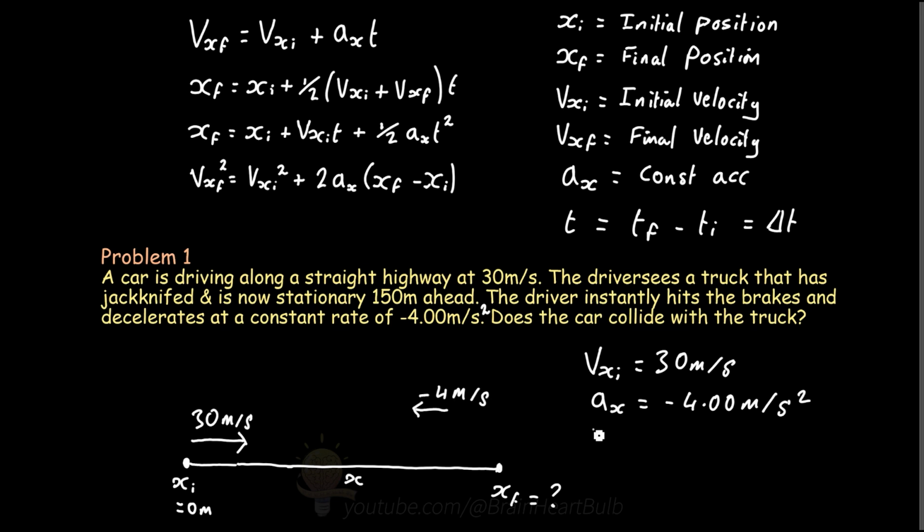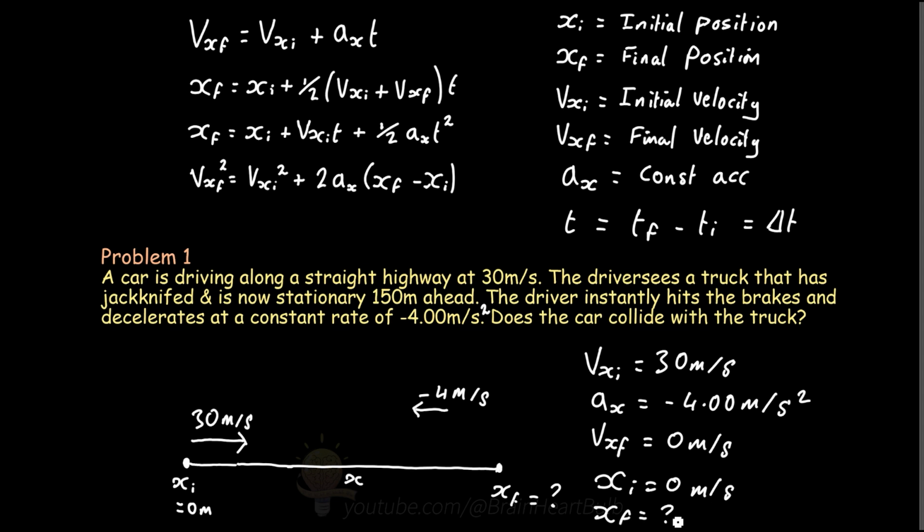We also know that our final velocity is going to be 0 meters per second because we want to come to a full stop long before we hit the truck. We know our initial position is equal to 0 meters. We don't know what our final position is yet.